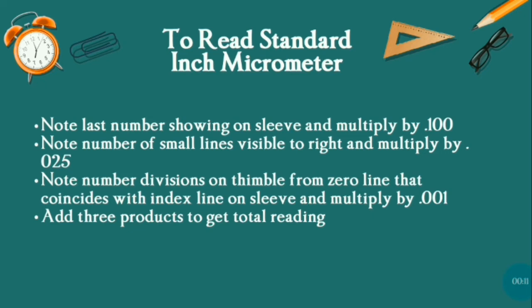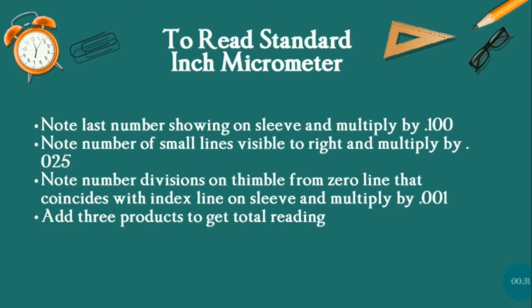Okay, so now to read a standard inch micrometer, you must note the last number showing on the sleeve and multiply by 0.100, or 100,000ths of an inch. Note the number of small lines visible to the right and multiply by 0.025, or 25,000ths of an inch.